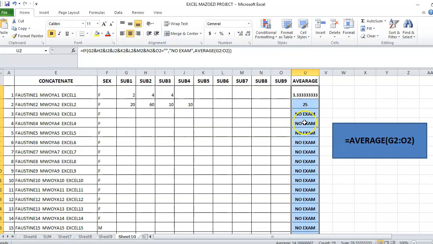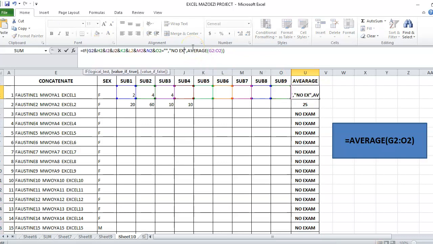Instead of showing division by 0, this is how we can handle it in the average formula. Let's say remove this, then if there is nothing, also leave space, like this one.